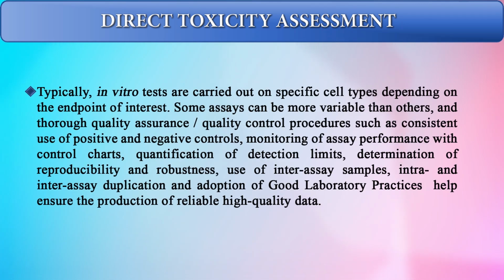Typically, in vitro tests are carried out on a specific cell type depending on the endpoint of interest. Some assays can be more variable than others, and quality assurance and quality control procedures, such as consistent use of positive and negative controls, monitoring of assay performance with control charts, quantification of detection limit, determination of reproducibility and robustness, use of inter-assay samples, intra- and inter-assay duplication and adoption of good laboratory practice, help ensure the production of reliable high quality data.